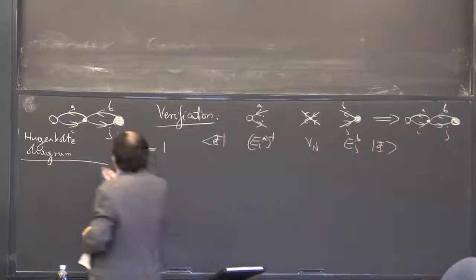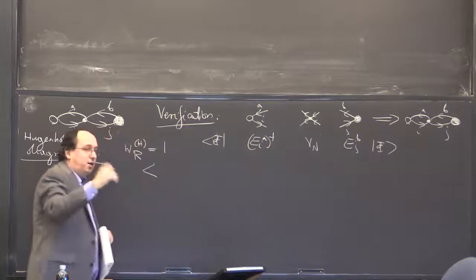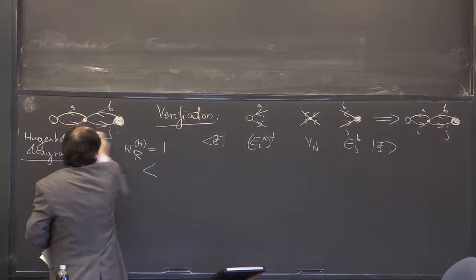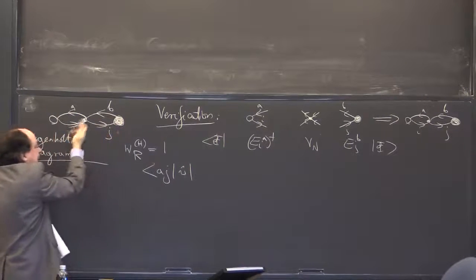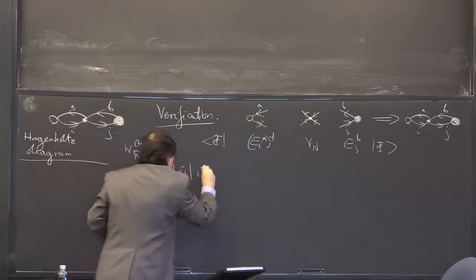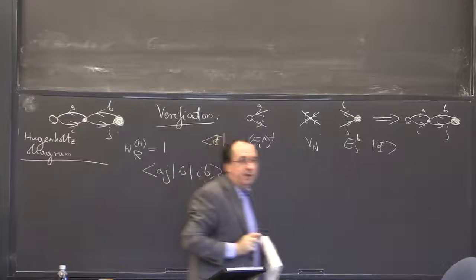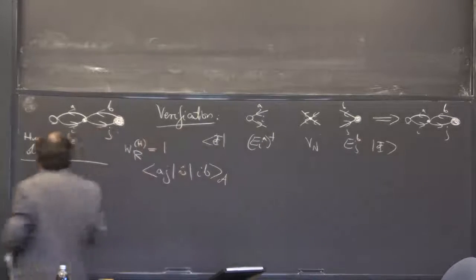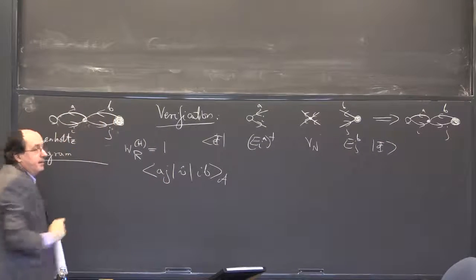Okay? What about the scalar factor? Well, the scalar factor will be a product of 3 scalars. Well, let's try to read it. Okay? The same idea. Outgoing lines go into the ket, incoming lines go into the bra. So we end up with AJ, okay, V, and then I can read it as IB, okay, and I know it's a Hugenholtz vertex, so I have to use the symbol script A here for anti-symmetrization, okay, but I don't know the sign, because if you look at this picture once again, I could have read it in this way, AJ, and then BI.